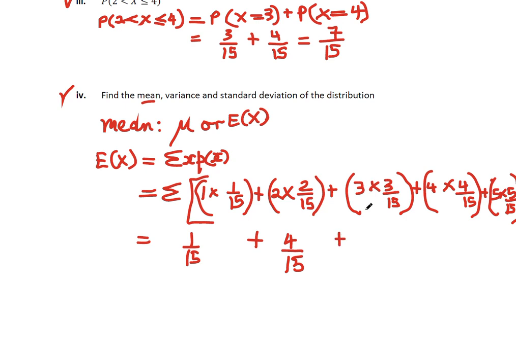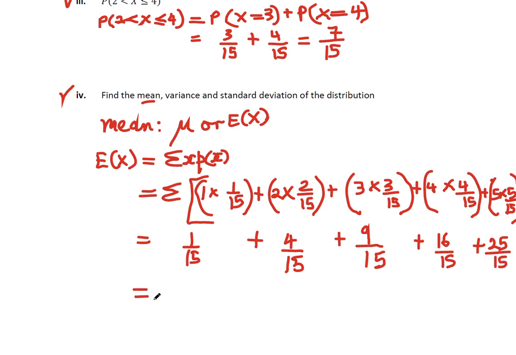By the same principle, this would be 3 multiplied by 3, which is 9 upon 15. This would be 4 multiplied by 4, which is 16 upon 15. And then finally, 5 multiplied by 5 would be 25 upon 15 as well.